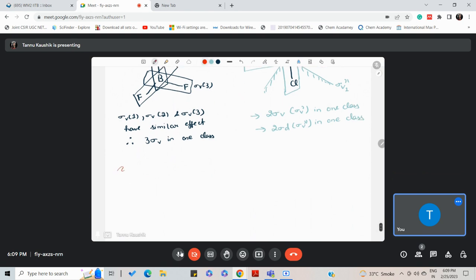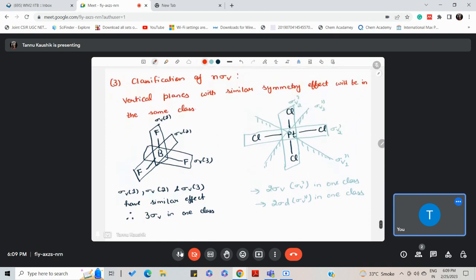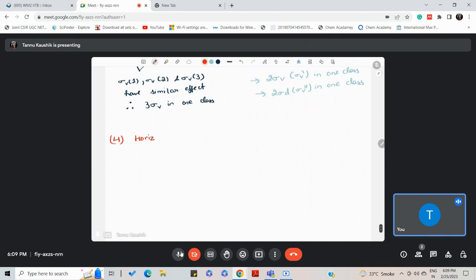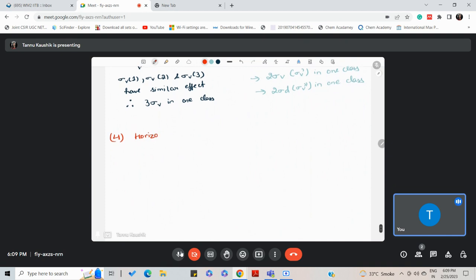Okay, and if we look into the horizontal plane and inversion center, so the horizontal plane and inversion center will always be counted in separate classes, because there will always be only one kind of them, and there is no other operation that will give the similar effect.